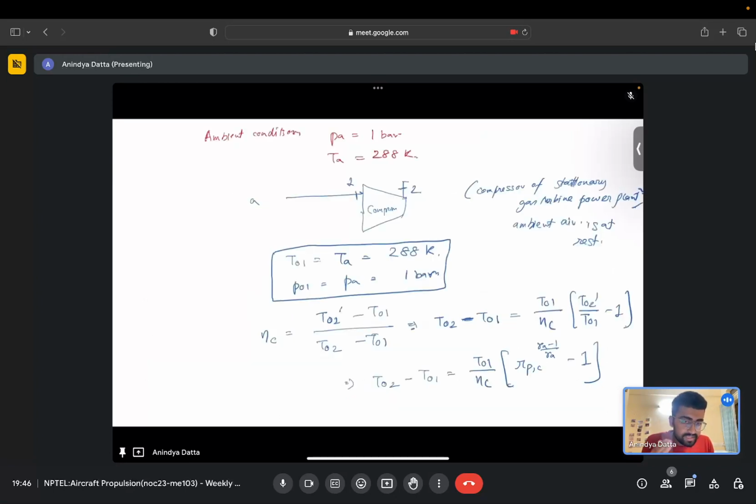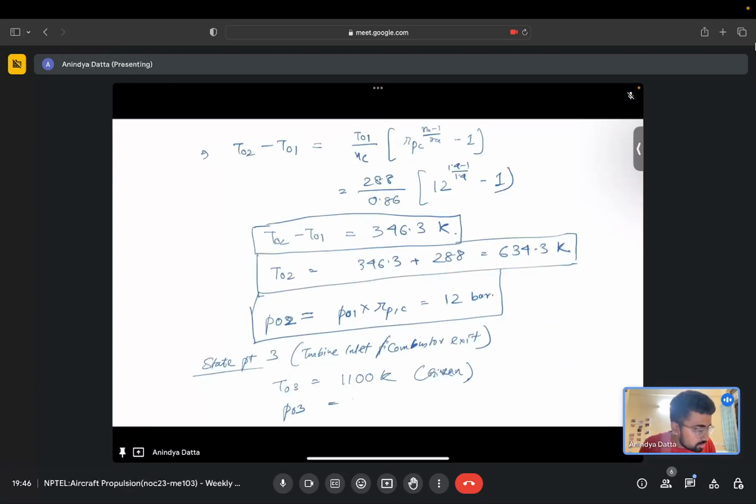So P03 is equal to the combustor inlet pressure minus the pressure loss within the combustion chamber, so P02 minus 0.06 times P02.